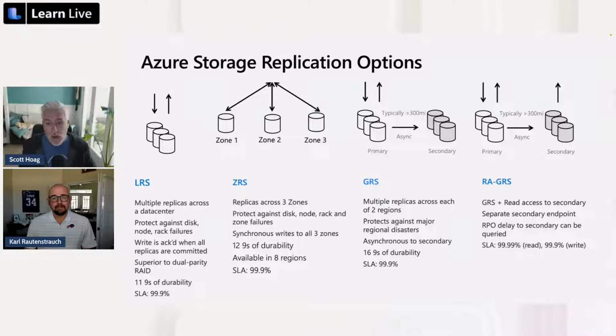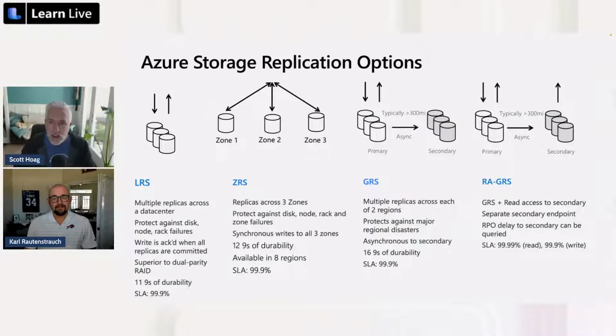We also have geo-redundant storage, or GRS, which is where you are going to have multiple replicas of your data that is distributed between 2 regions. So every Azure region has a sibling or a paired region.